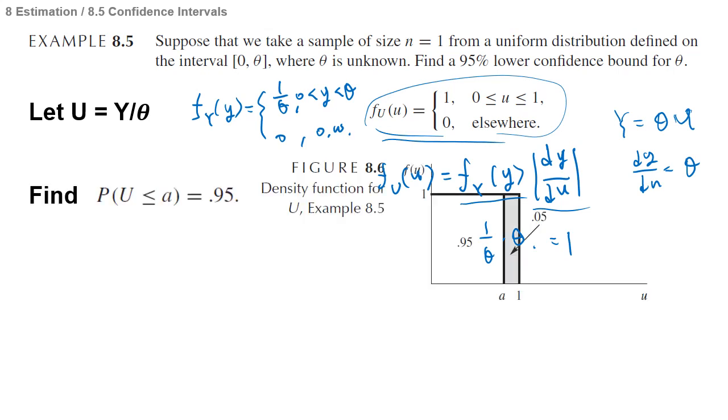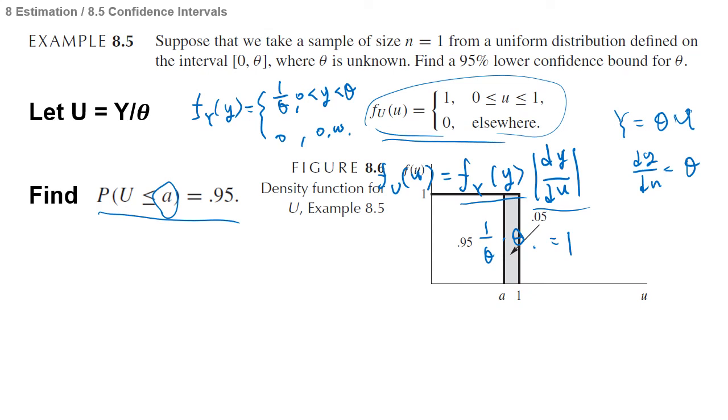To find the 95% lower confidence bound, we want this a such that the probability of u less than or equal to a is 0.95.